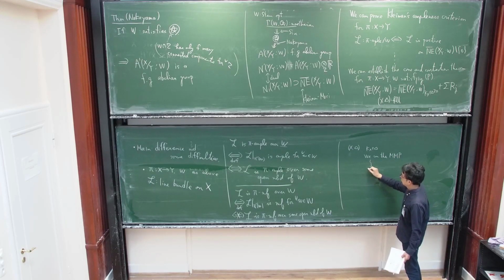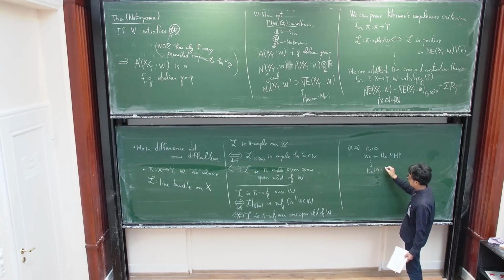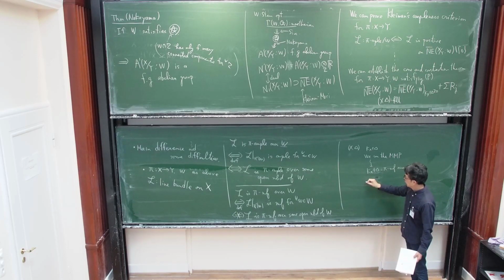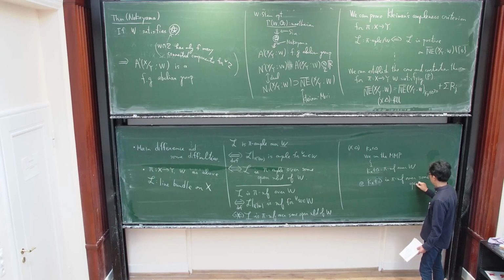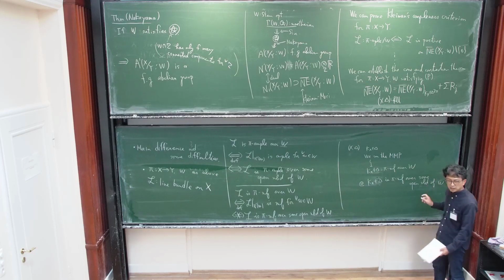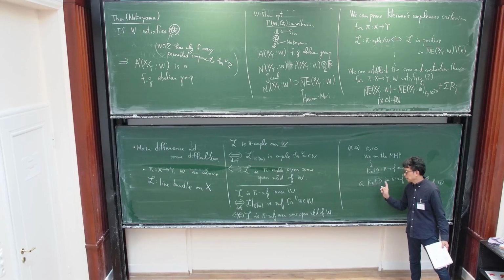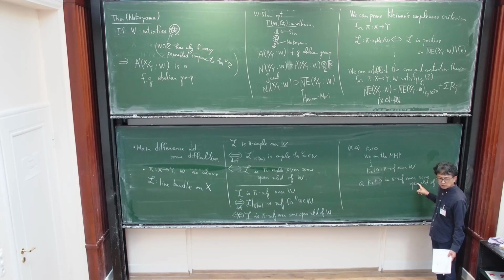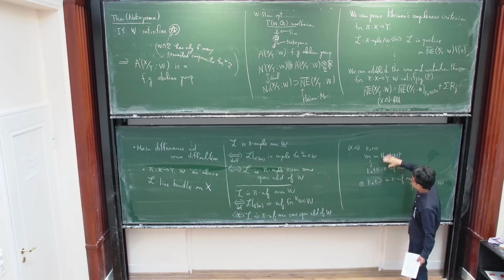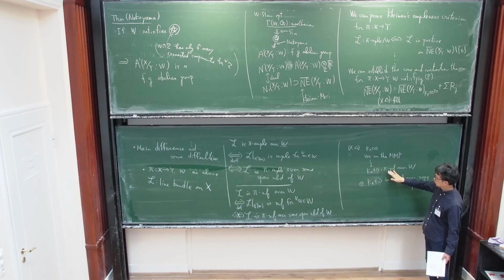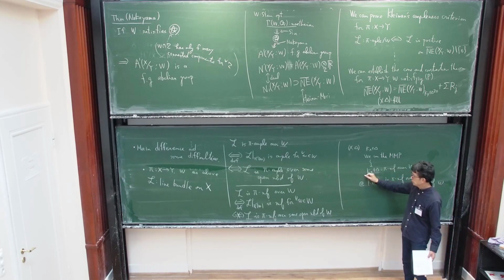Then after finitely many flips and contractions, K_X plus Delta becomes nef over W. But we want to prove K_X plus Delta is nef over some open neighborhood of W. In the definition of a minimal model, we require this condition, nef over some open neighborhood of W. But by running the minimal model program, we can make K_X plus Delta only nef over W. So this is a big difference.